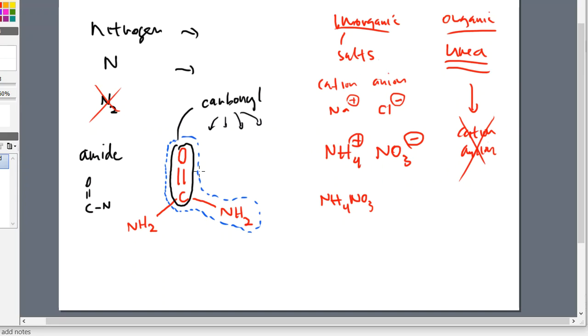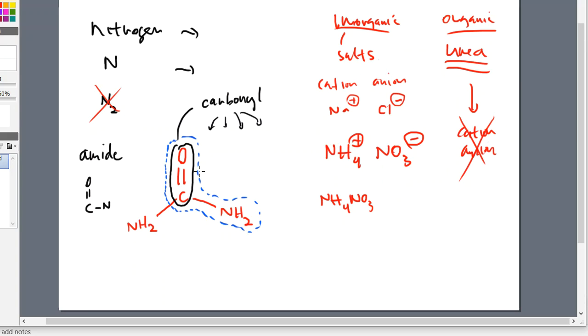The electrons make them hang out, and they get along quite well. And all of those elements come together to make a molecule. That molecule in this case is 1 carbon, 1 oxygen, 2 nitrogens, and 4 hydrogens in total. And that combination grouped together in that particular way is called urea, U-R-E-A.